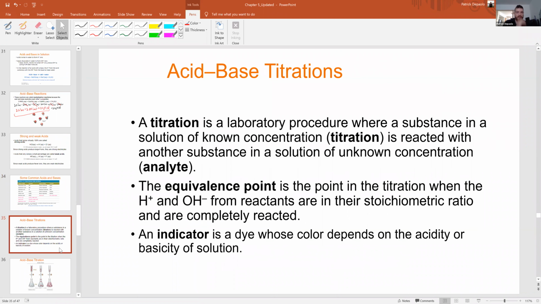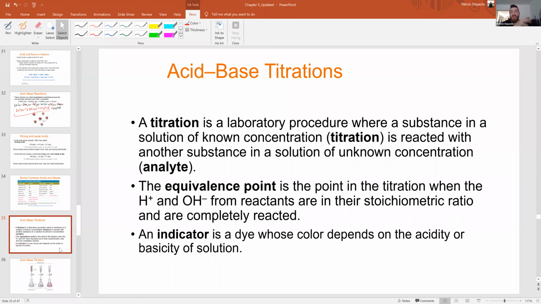Okay. Next, acid-base titration. A titration is an experiment. There are different types of them, but acid-base is the main one. Basically, it is when you know the concentration of one substance and you don't know the concentration of the other substance.